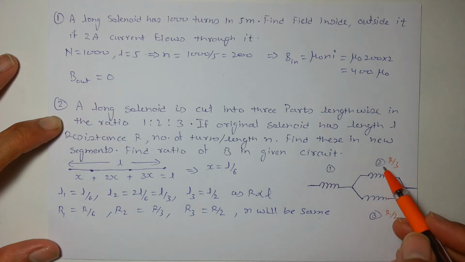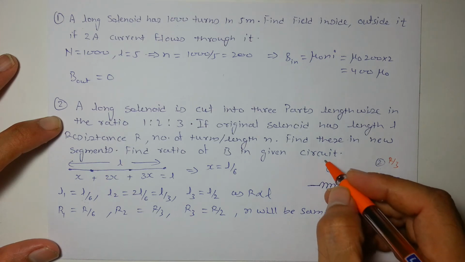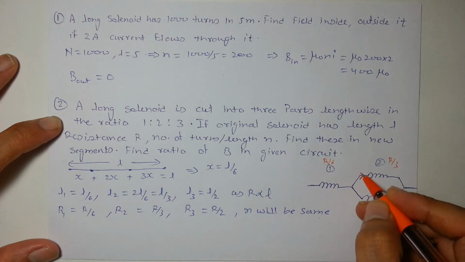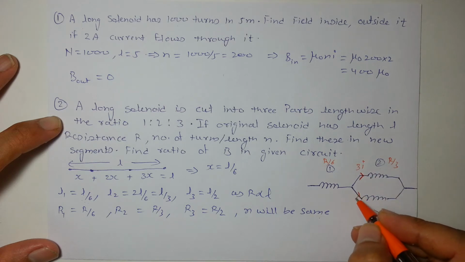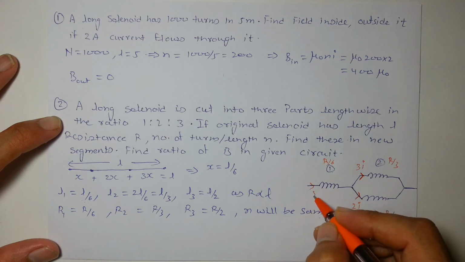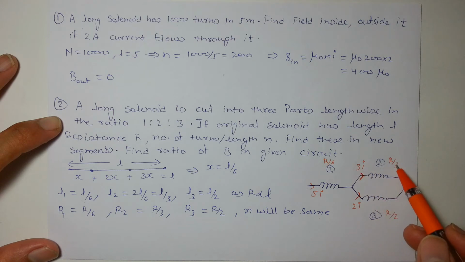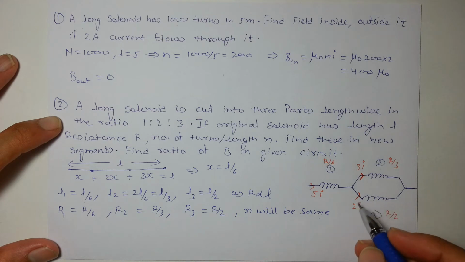Okay, if we call this resistance R/6, let's say the current here is 3I, so the current here should be 2I in the inverse ratio, and the current here should be 5I. Again I've assumed 3I just so that I can easily get 2I here, 5I here. And you must know how to divide current in parallel and series.